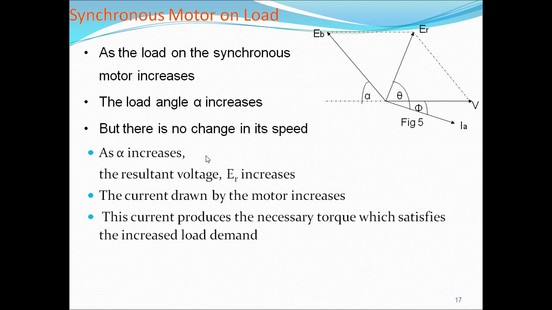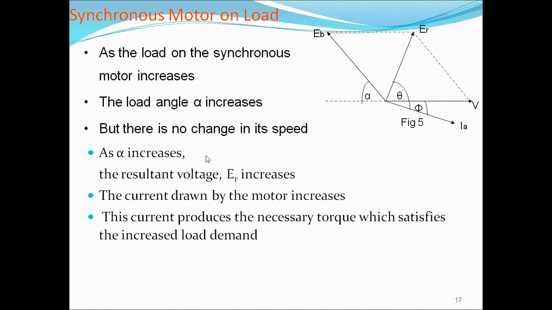Whereas the back EMF depends on the excitation, how much excitation we apply on the motor. So this is the vector diagram when the motor is on load with losses.